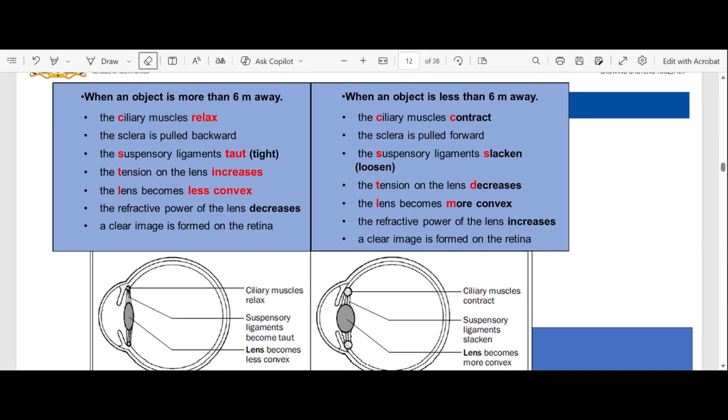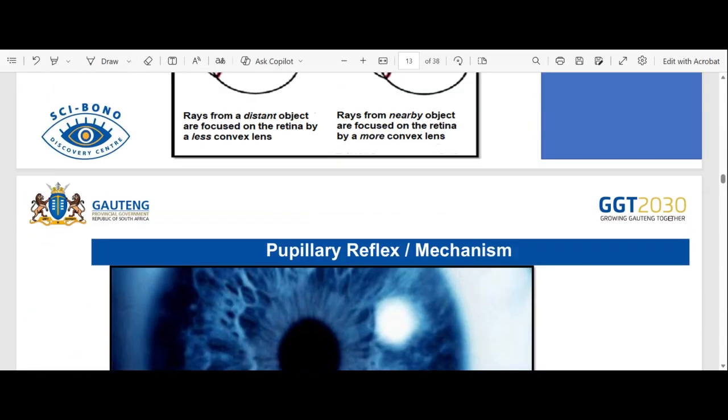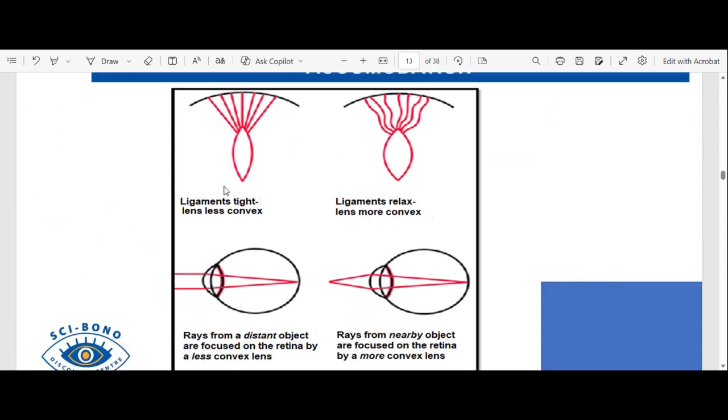Okay, let's continue. Okay, so this is just a summary of accommodation. So look at your ligaments. Your ligaments, they become tight for what? For an object that is more than 6 meters. So look at your ligaments here.